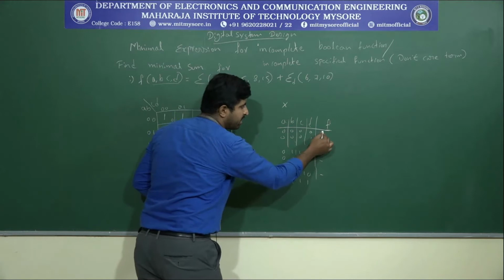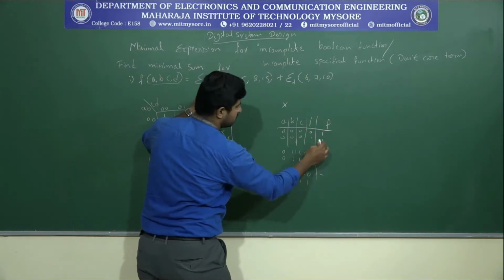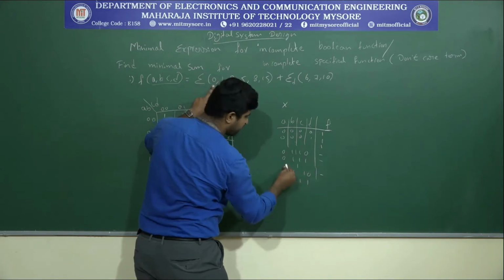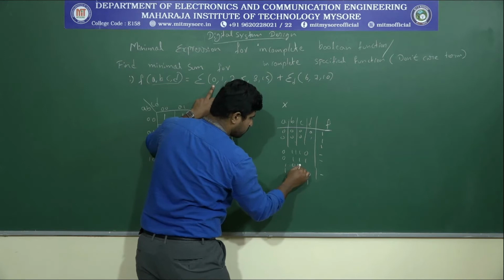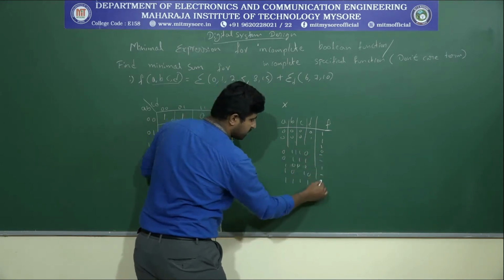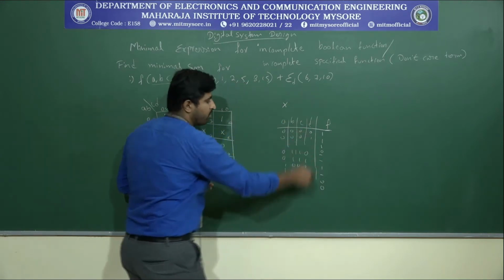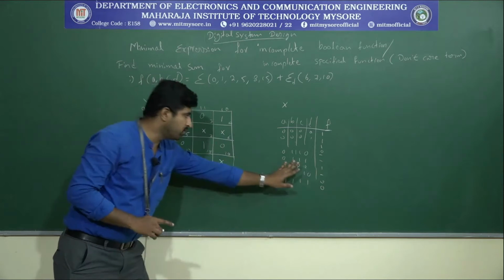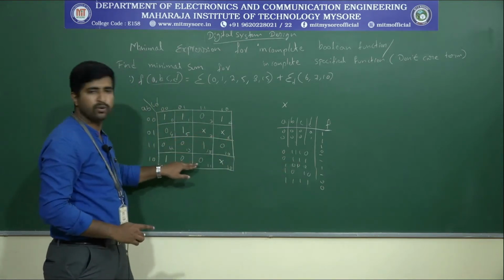For the remaining they have written an output, for example 8, which is 1, 0, 0, 0, gives 1, and the remaining are 0. But for these 3 input combinations we don't have any function. Only then can we convert it into the K map like this, by entering the don't care.